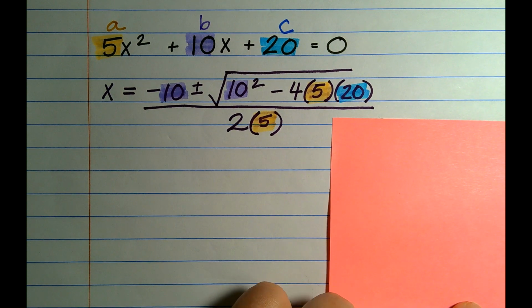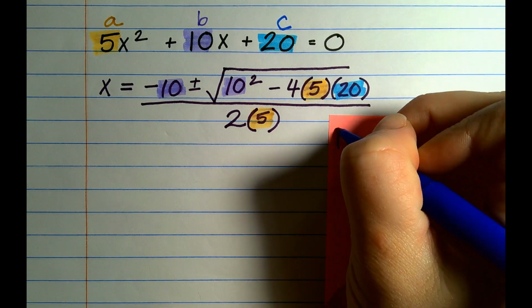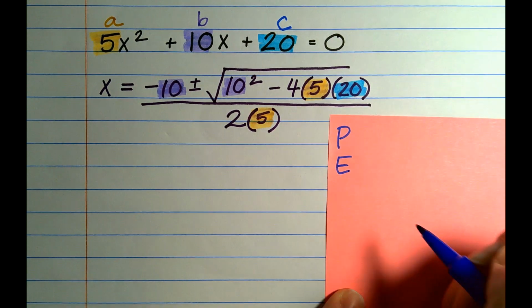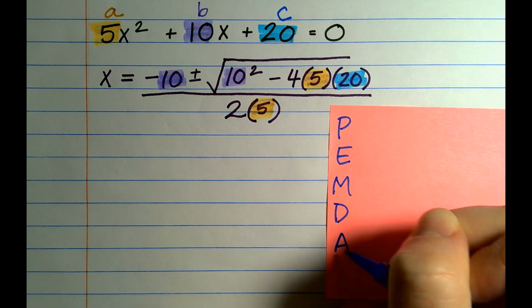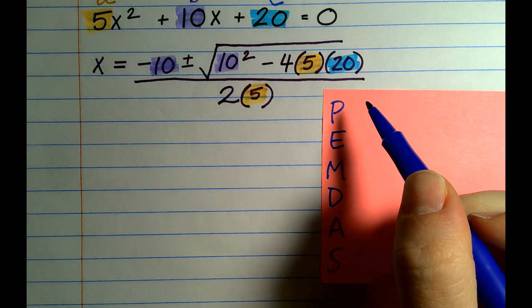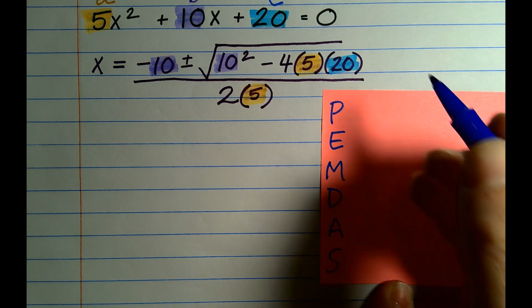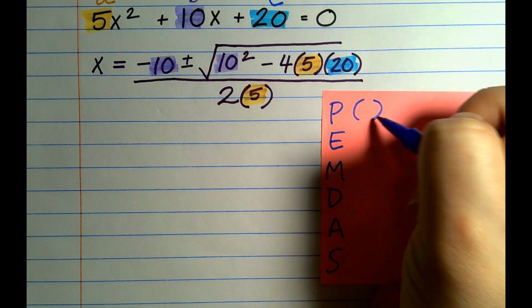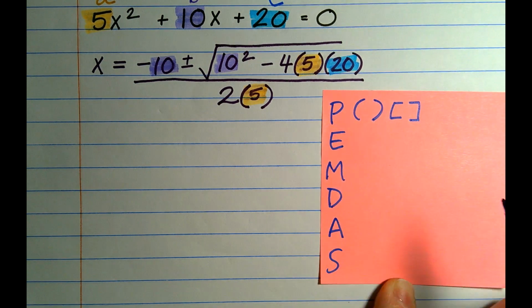So the order of operations tells us P-E-M-D-A-S. That's PEMDAS, okay? So the P stands for parentheses or grouping symbols like brackets.